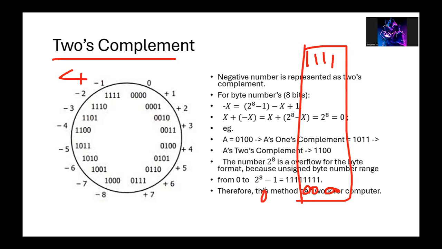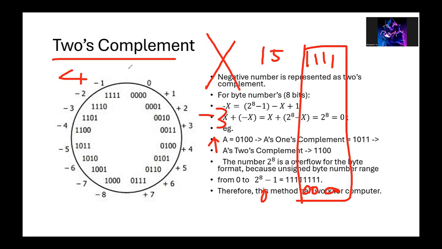It represents 0 to 15. But there's no negative number. So we don't use this; this is called magnitude, which is only the size of the number. We do not use this magnitude system, we use two's complement.